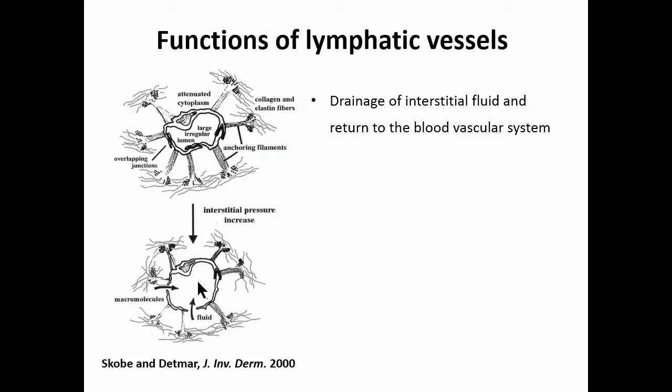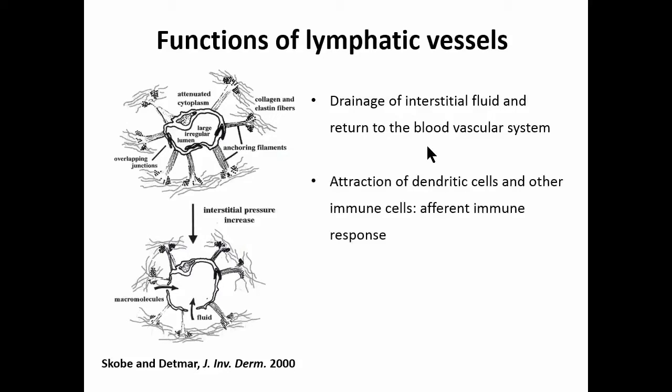Clearly, the lymphatic system has a significant role in drainage of interstitial fluid, return of fluid to the blood vascular system, attraction of dendritic cells and immune cells that you heard about, and of course as a pathway of lymphatic tumor metastasis, which is something that I was interested in.